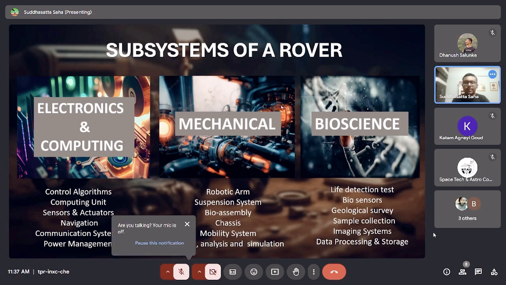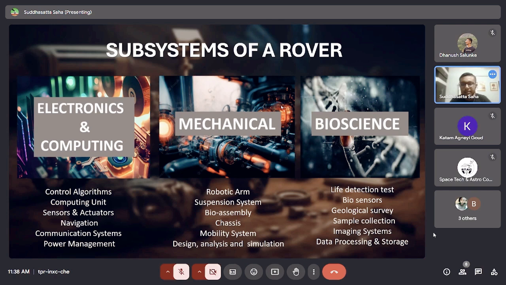By this I mean this subsystem is devoted to the design, development and research of the robotic arm on a rover, the suspension system for the mobility system, the bioassembly, which is the set of apparatus for conducting bioscience experiments for the rover, the chassis of the rover, and the mobility system itself.